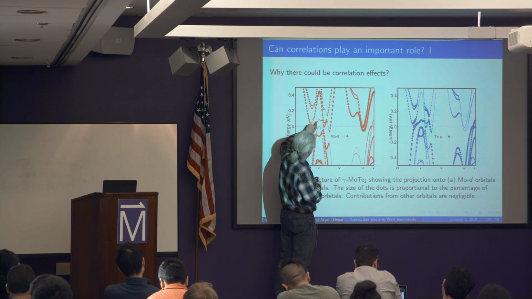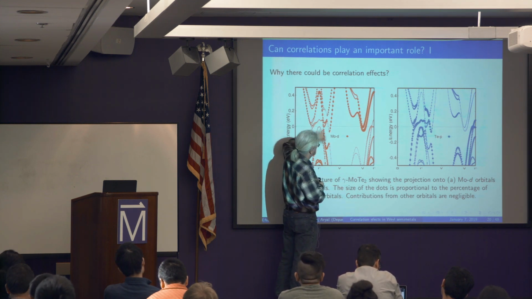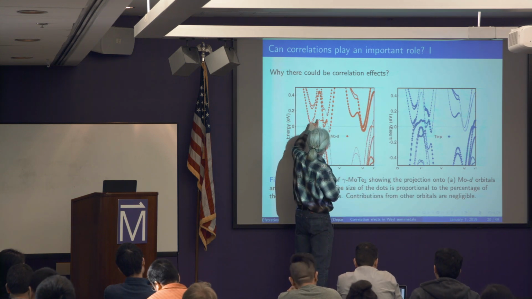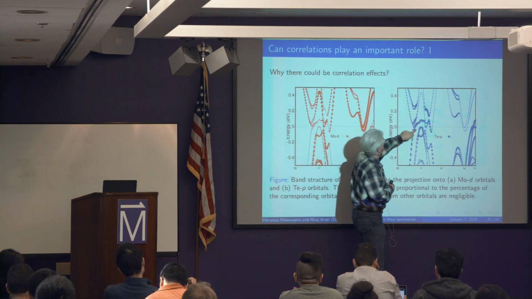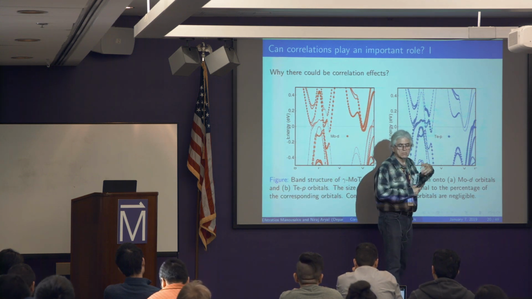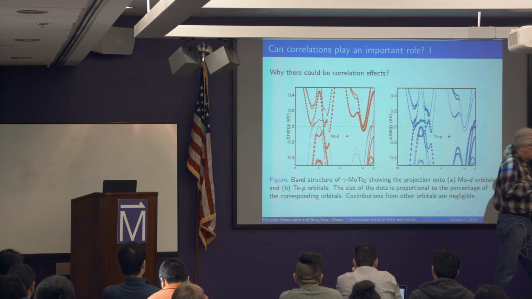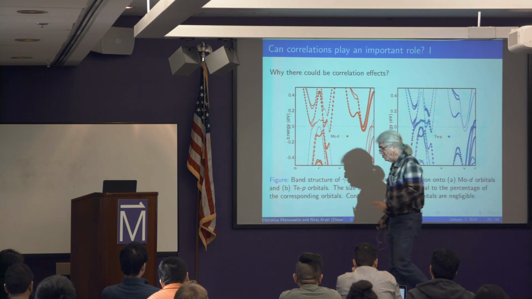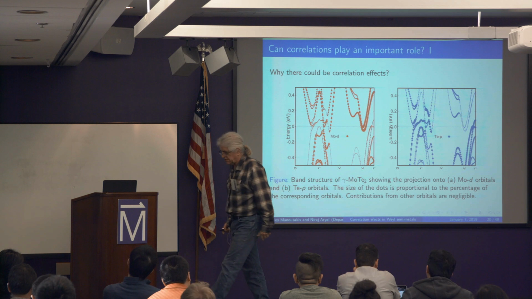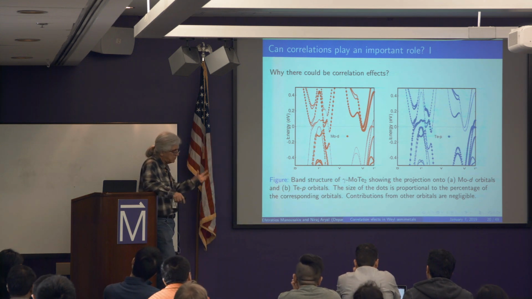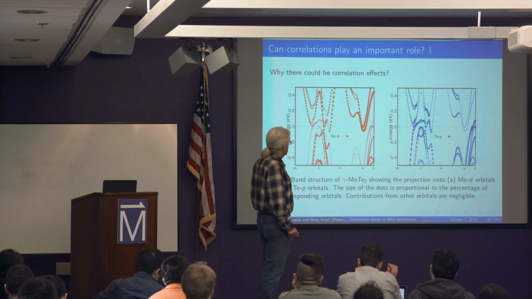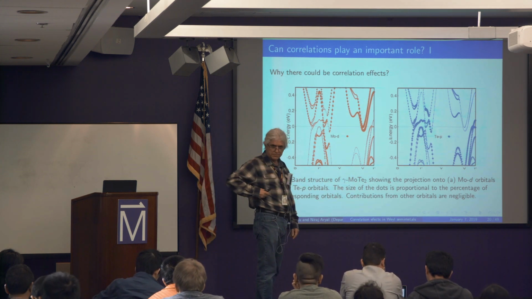If I move away, you can see one is mostly D, this is very little D, and this is mostly P, and the other one is mostly D. So if I want an understanding by means of a model, I can add some Hubbard U on the D, and treat one as being pure D and the other as purely P, and see what's going on from such a model.